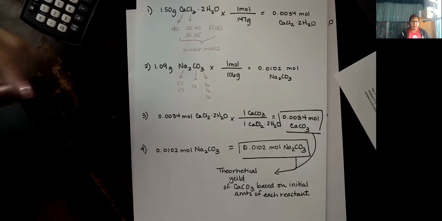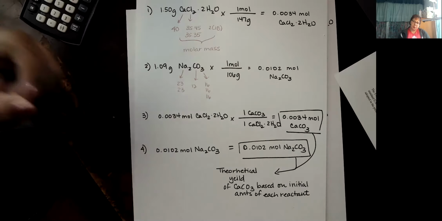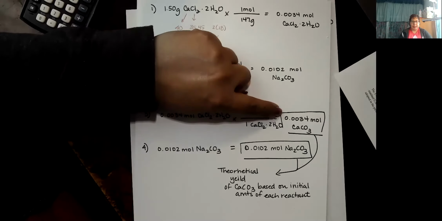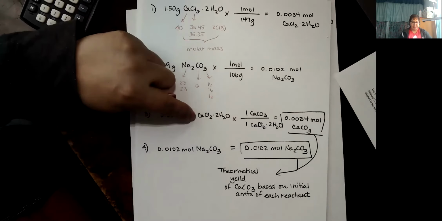And if you remember from lecture, when I look at the 2 amounts, I pick the smaller of the one because the smaller of the one indicates who is my limiting reactant.